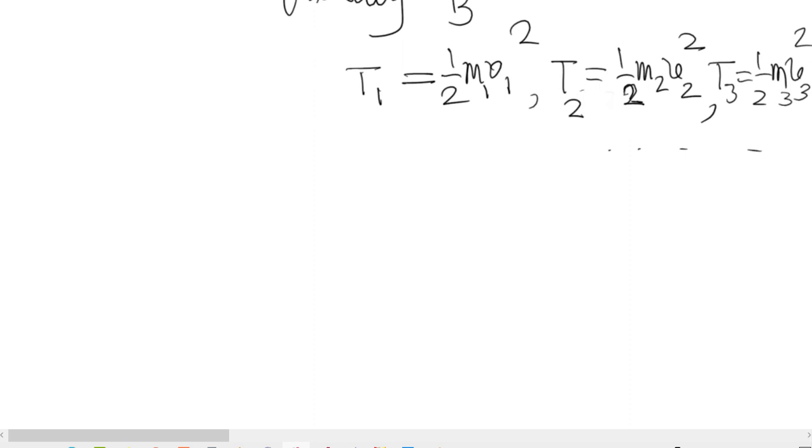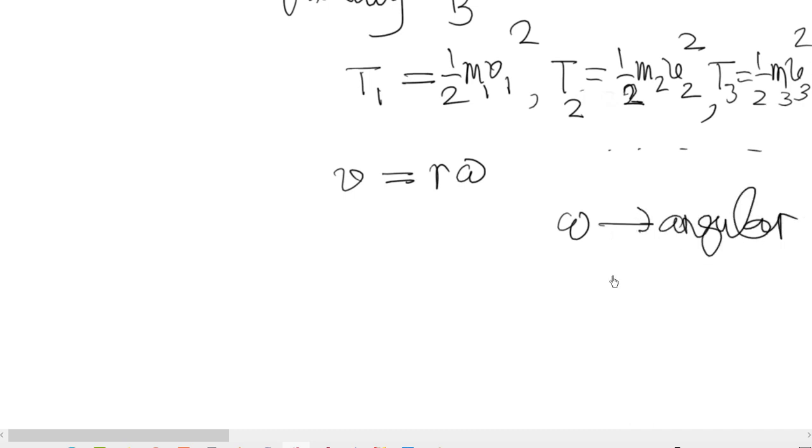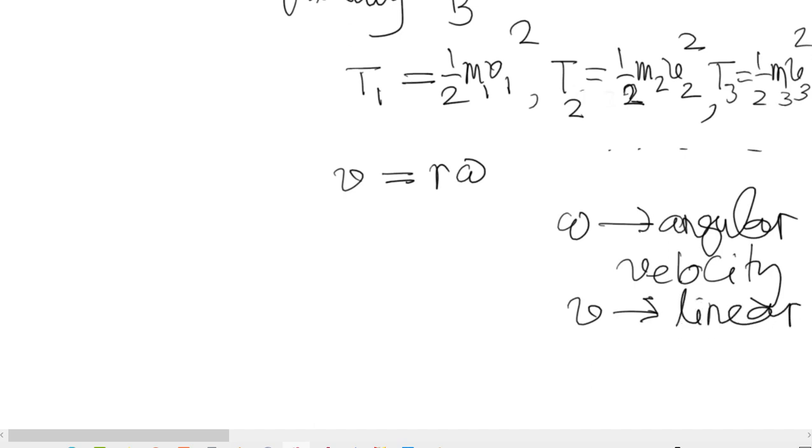But we know the relation between angular velocity and linear velocity is v equal to r omega, where omega is the angular velocity and v is the linear velocity. r is the distance of the particle from the rotational axis. Actually v is the magnitude of the linear velocity.